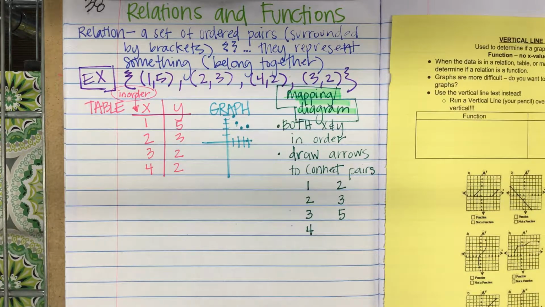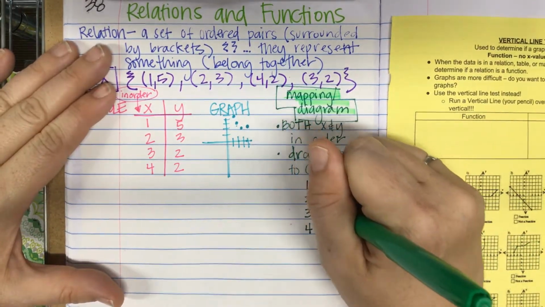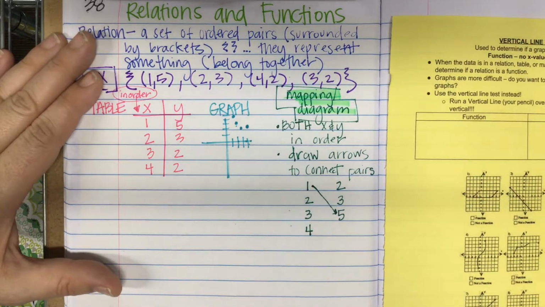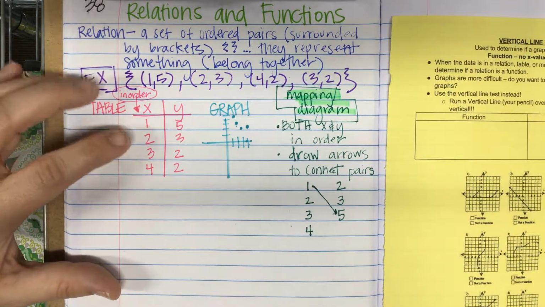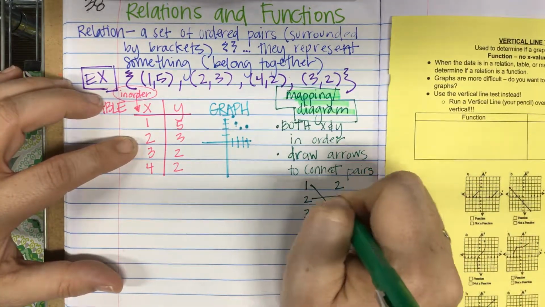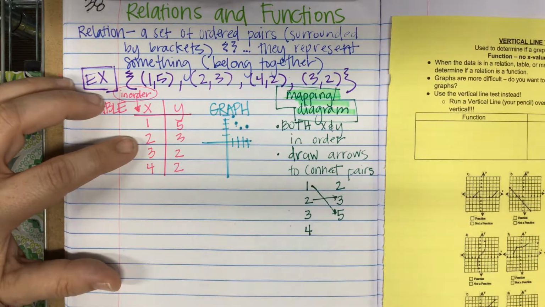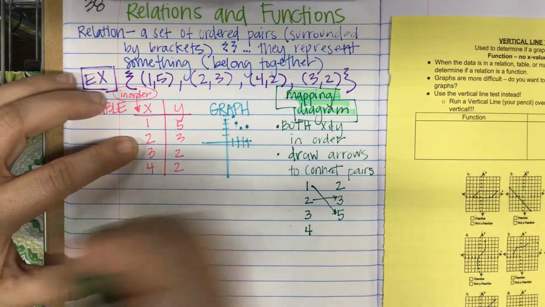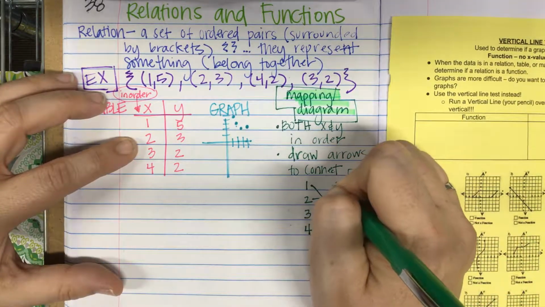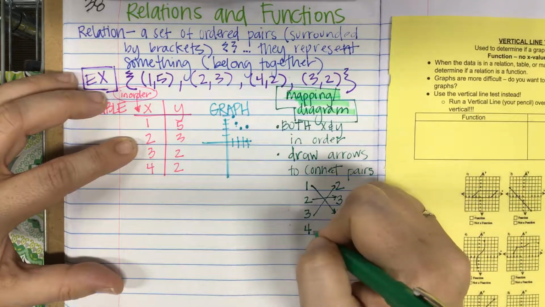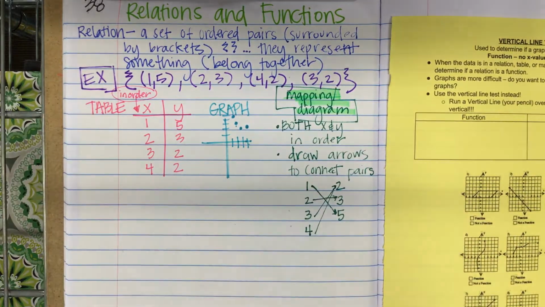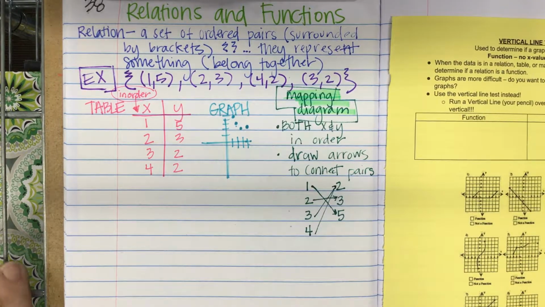And then I'm going to draw my arrows. 1 goes to 5. 2 goes to 3. 3 goes to 2. And 4 goes to 2. It's a mapping diagram. You'll see it on the 8th grade state assessment.